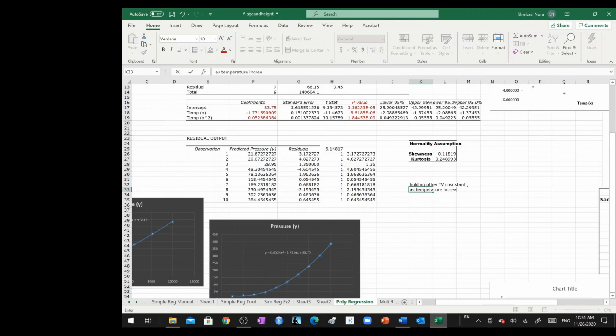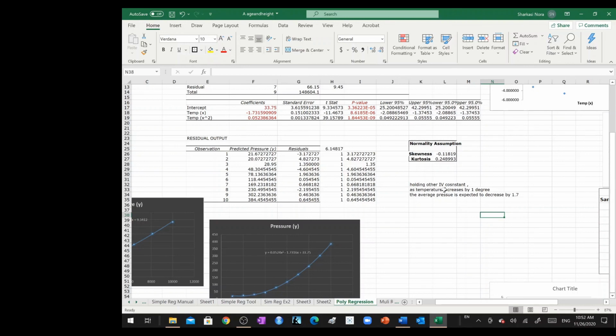as temperature increases by 1 degree, the air pressure, or the average pressure, is expected to decrease by 1.7 units of pressure.